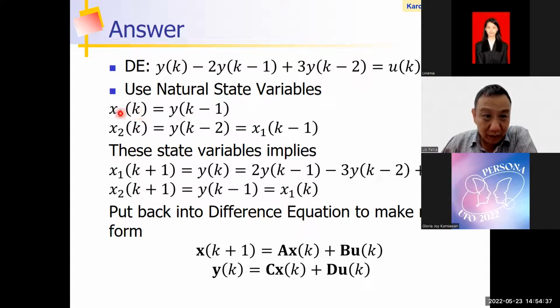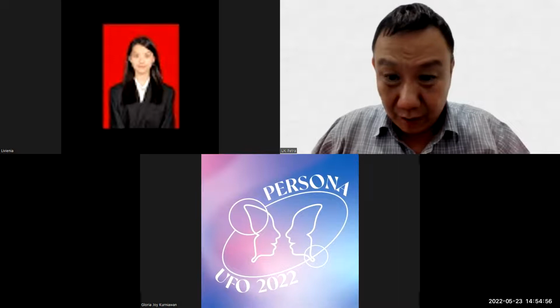So x1k plus 1 is equal to yk, right? Do you get it or not? Should we do it on the whiteboard?